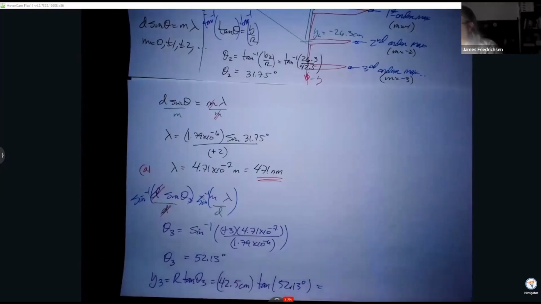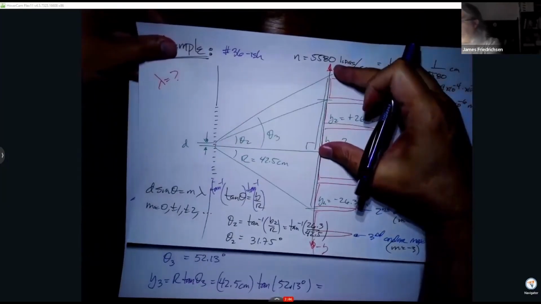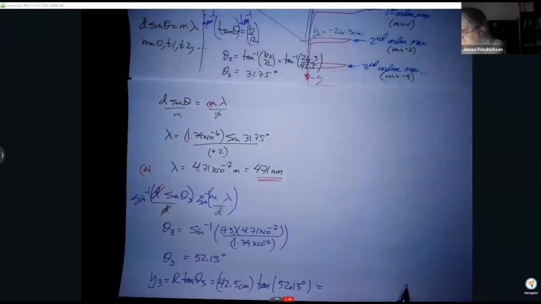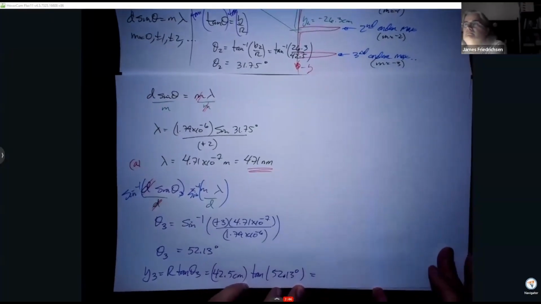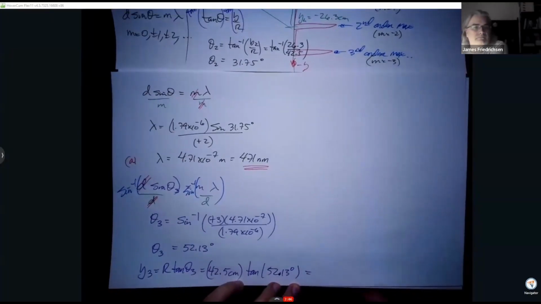And so then this will give us the y value here, and then we'll make it negative to do the y value down there. 54.65.